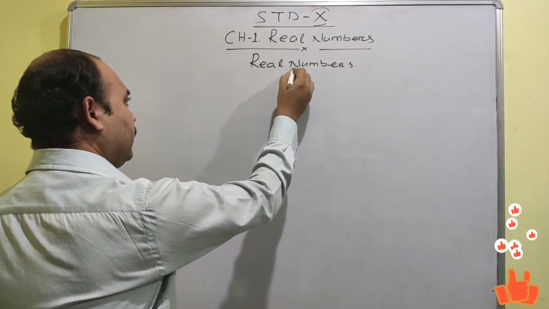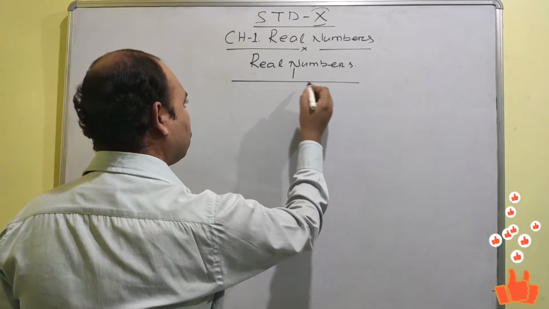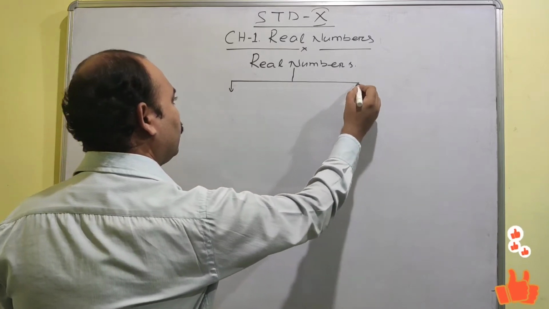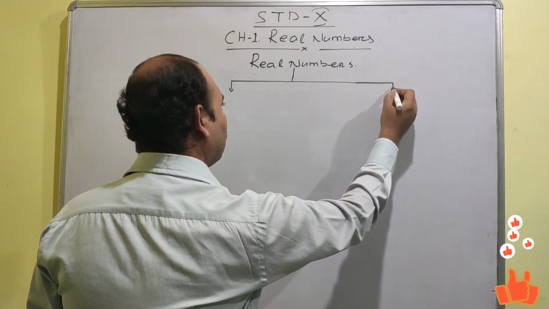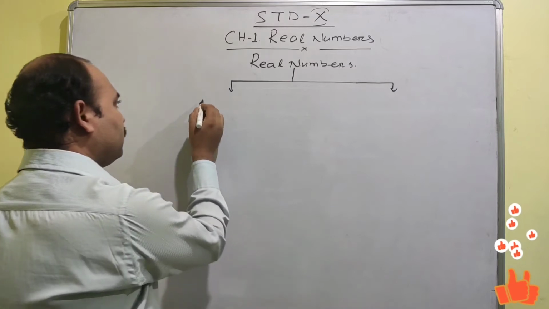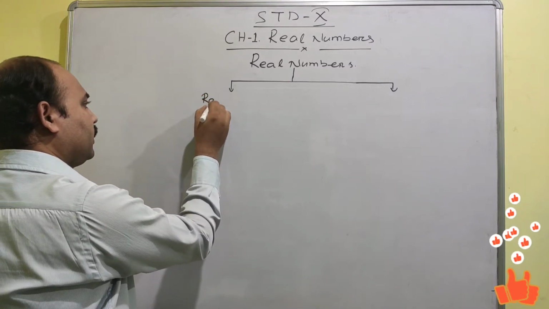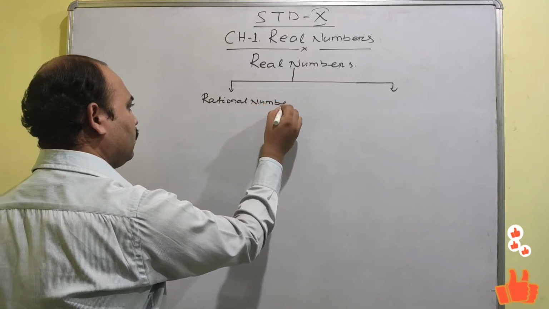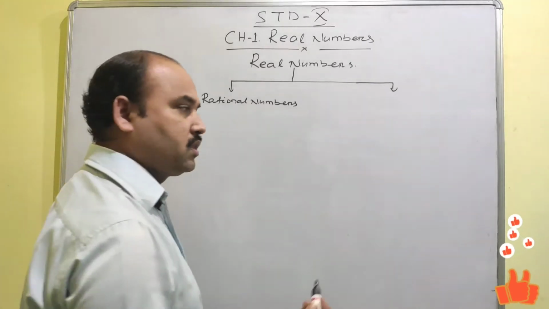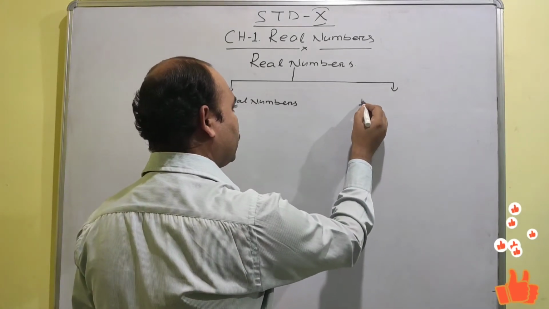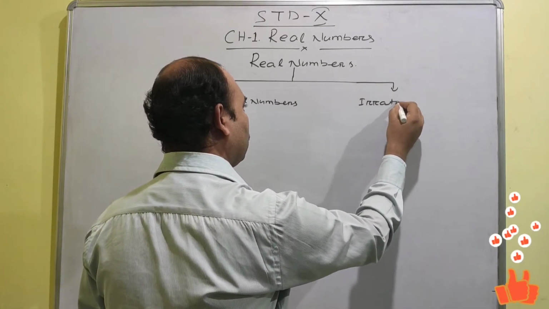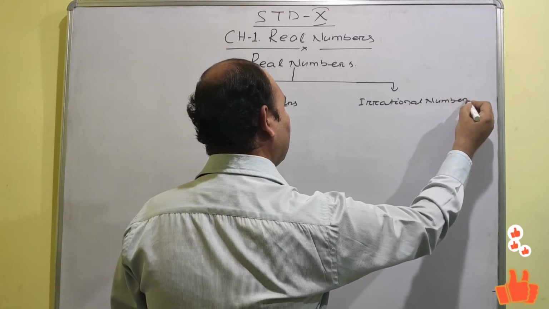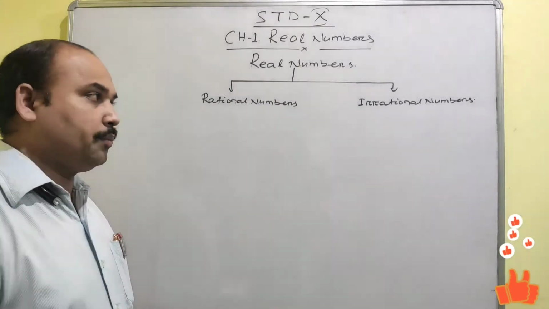Real numbers are divided into two parts. What are these? First, rational numbers. Second, irrational numbers.